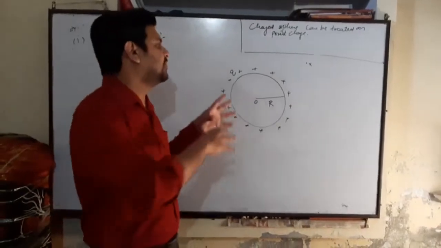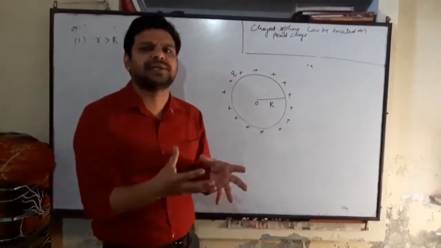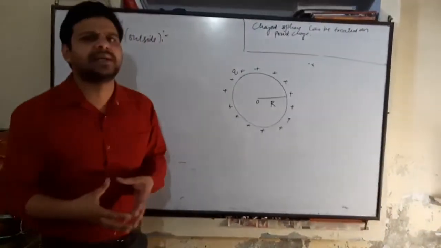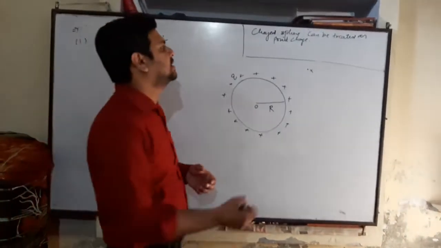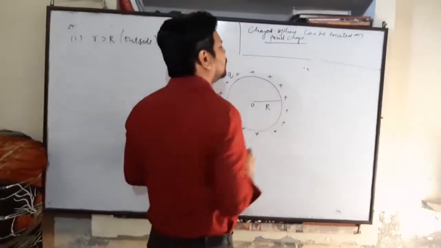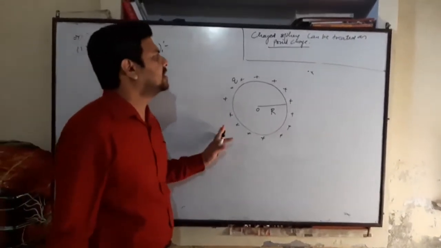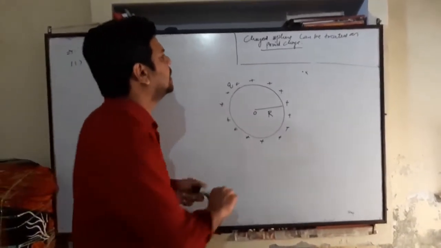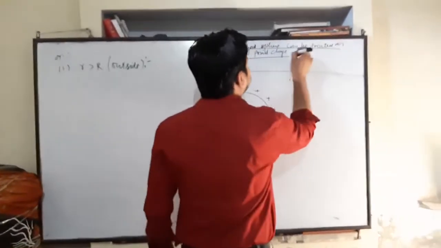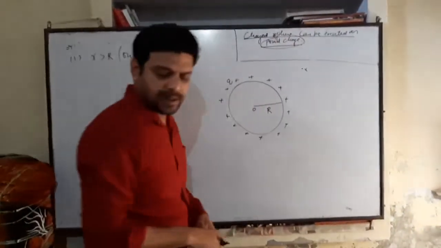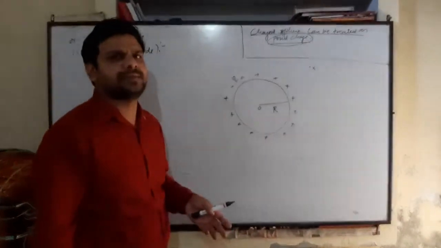If we have a spherical charge configuration, then we can consider it as a point charge. The reason I will explain later. In this derivation, remember only that a charged sphere can be treated as a point charge.